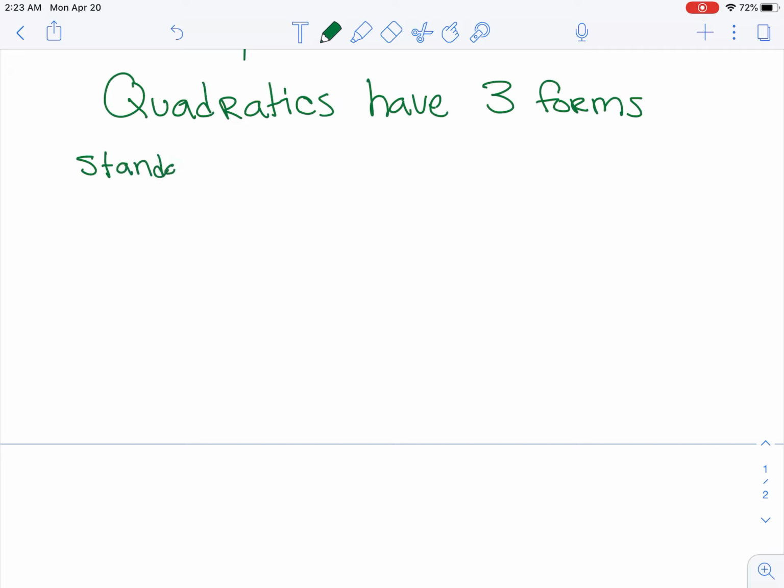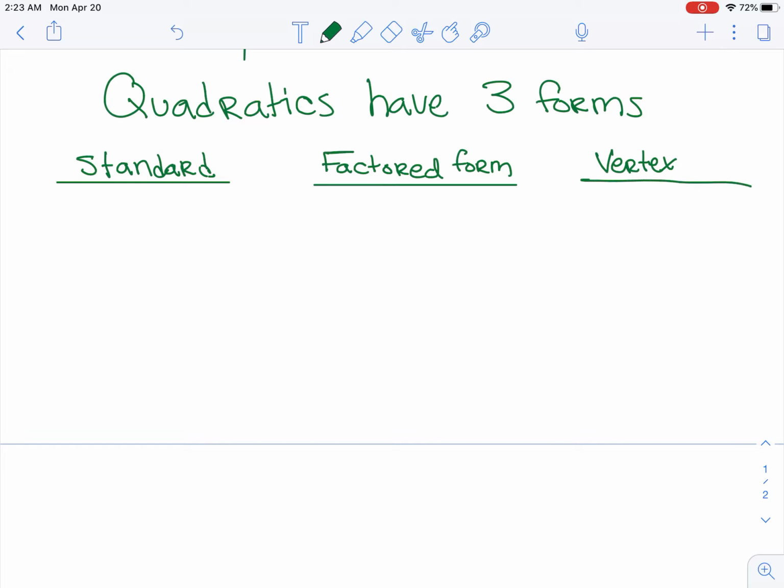They have standard form, factored form, and vertex form. And we've learned about all 3 of these forms already.